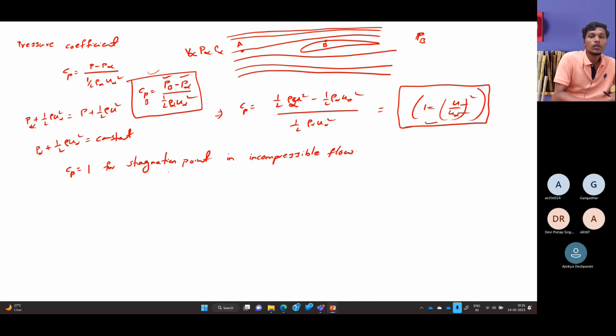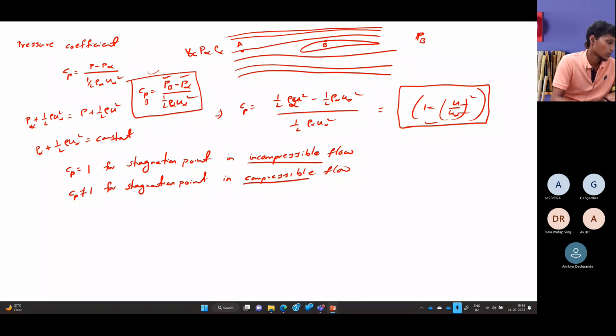One more important thing is Cp does not equal 1 for a stagnation point in compressible flow. Don't confuse these: this is incompressible and this is compressible.